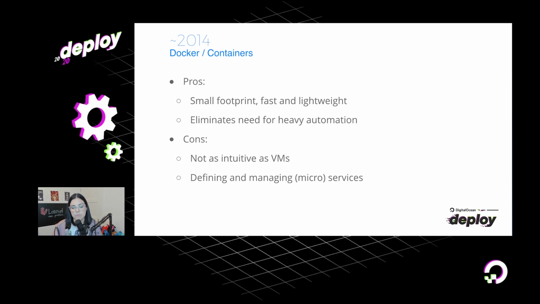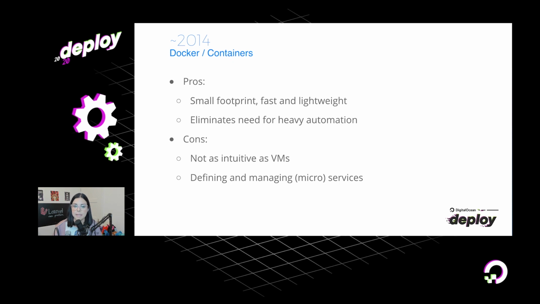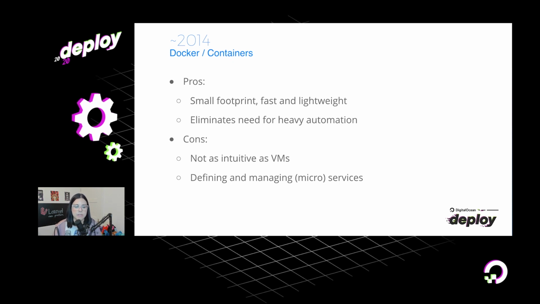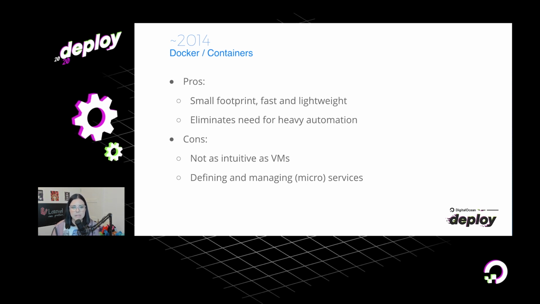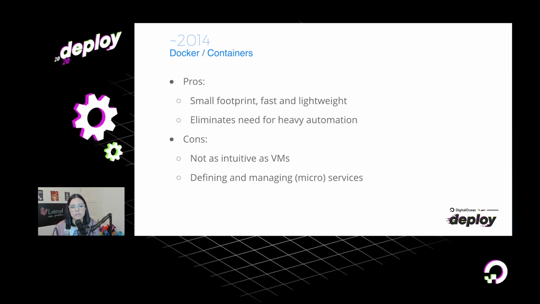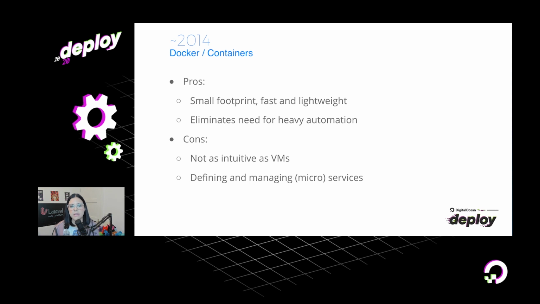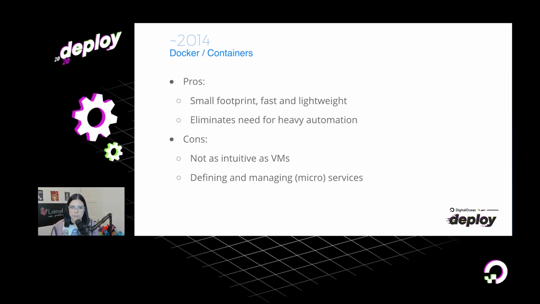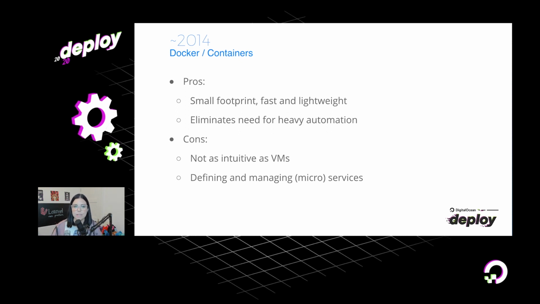You would not be using tools like Ansible, Puppet, Chef that much anymore, because the way that images work, it's kind of like layers that add on top of each other to build your Docker image. So you don't need to automate everything all the time, to set up the full environment.